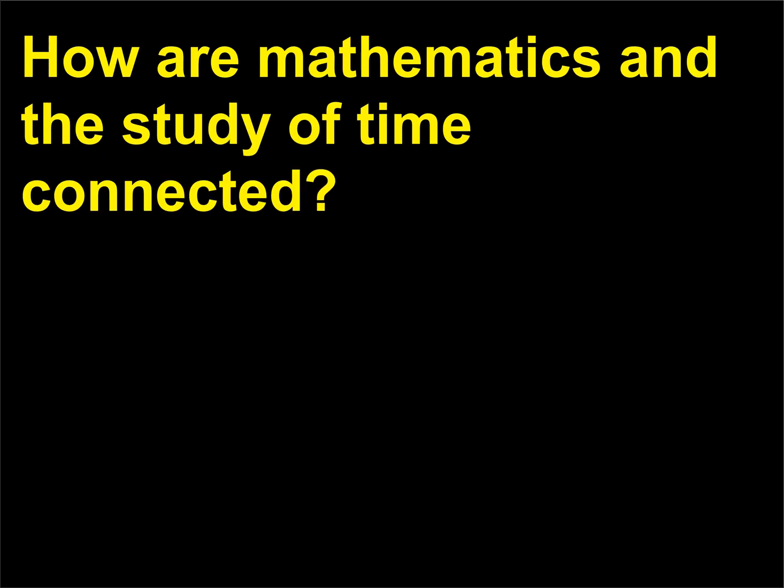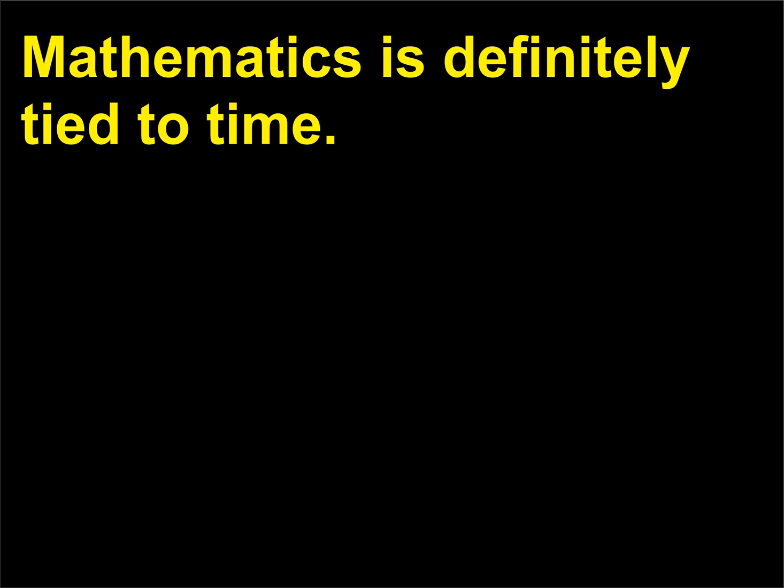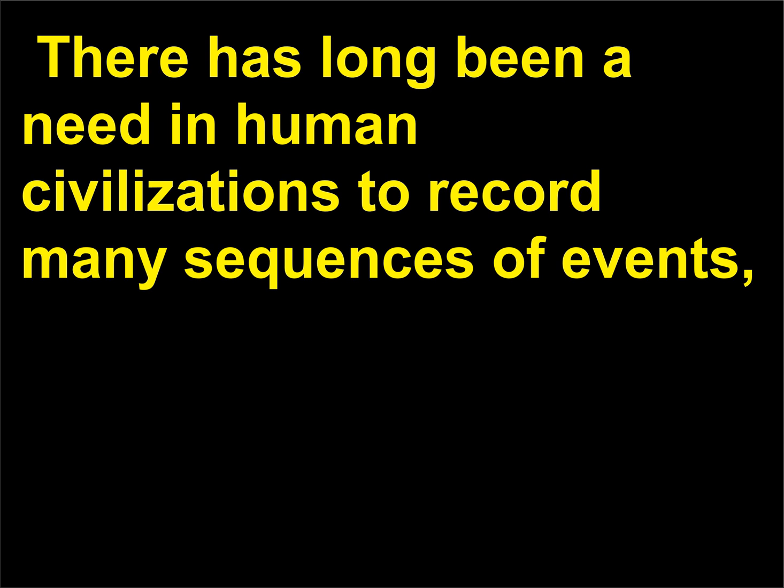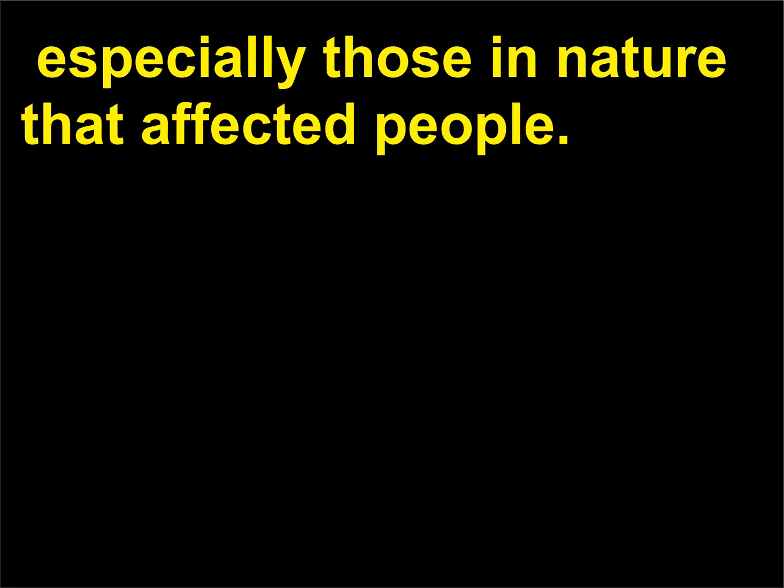How are mathematics and the study of time connected? Mathematics is definitely tied to time. There has long been a need in human civilizations to record many sequences of events, especially those in nature that affected people.